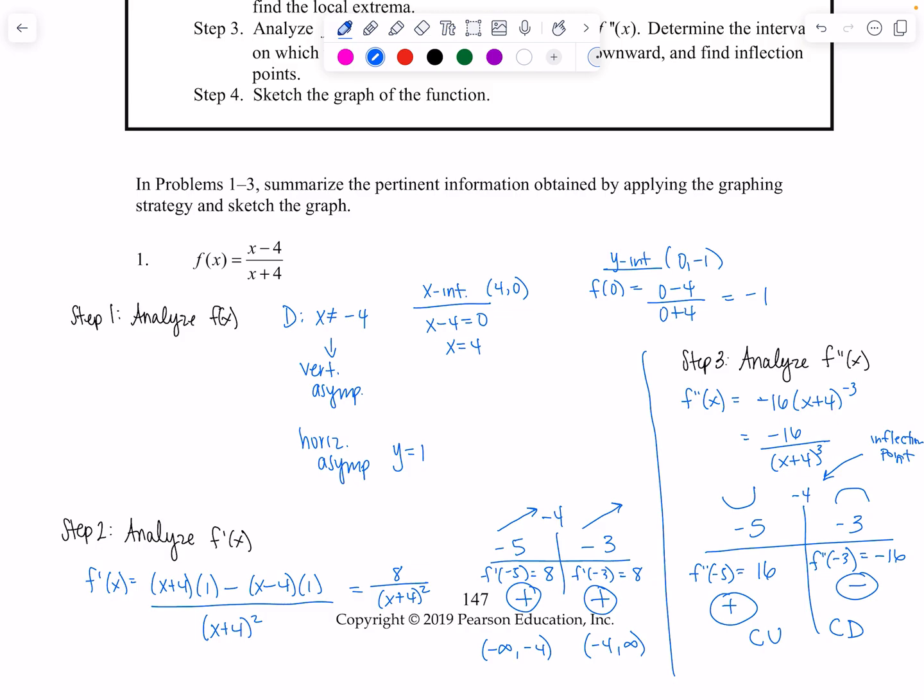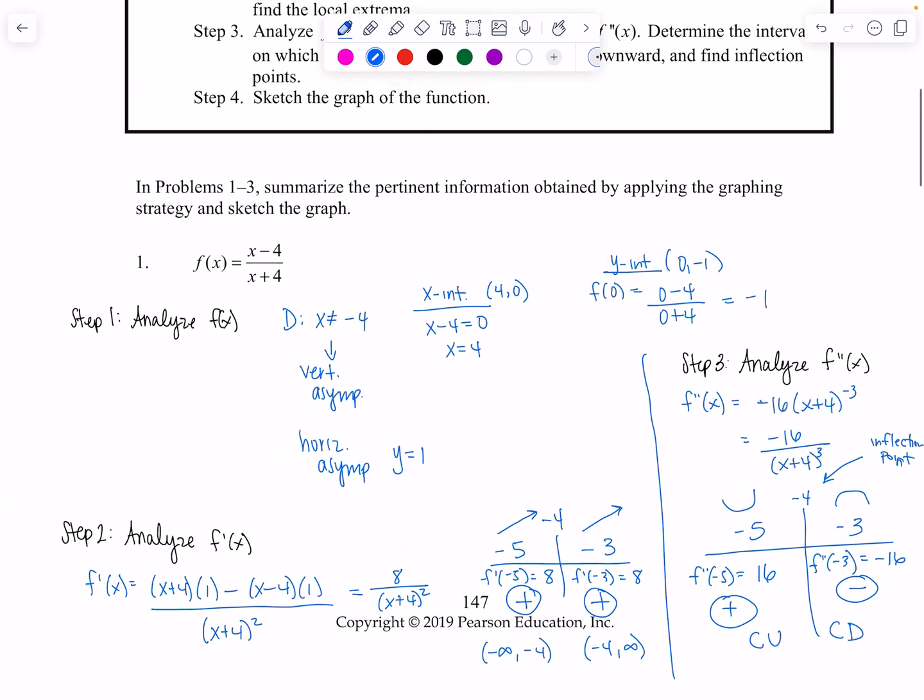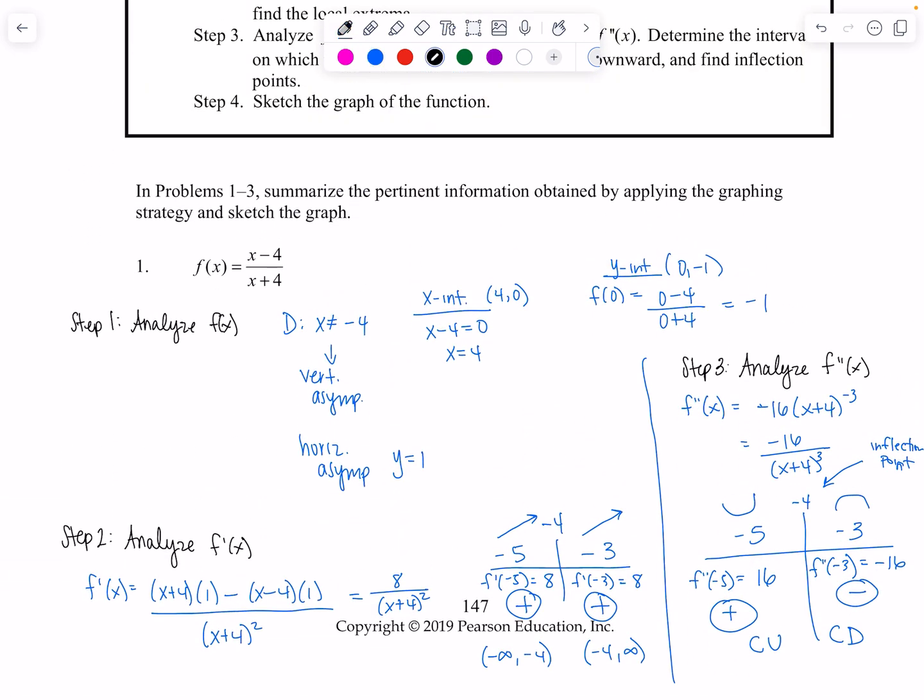Now we sketch. Let's see, we'll have to sketch it over here.